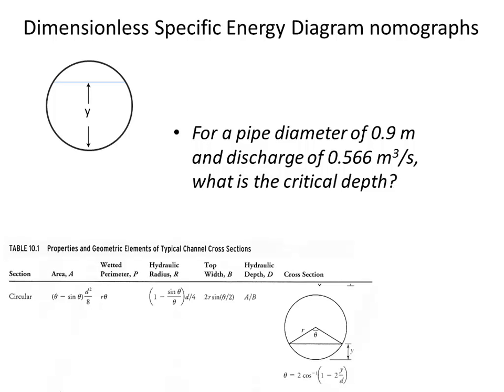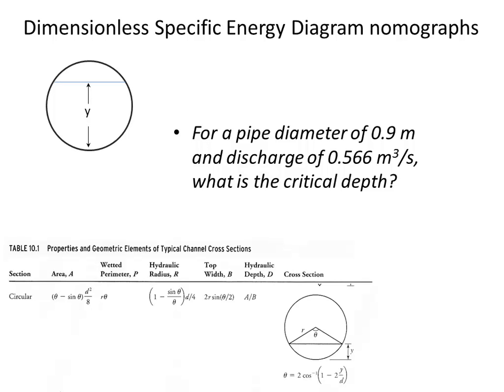And if we substitute that into the Froude number equation, where Q squared times T over g times area cubed is equal to 1 for critical conditions. So we're trying to find out what is the depth that will make the Froude number equation equal to 1. The flow rate is known, 0.566 cubic meters per second squared.